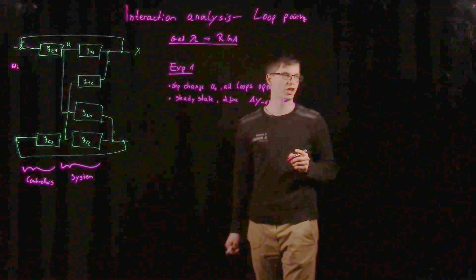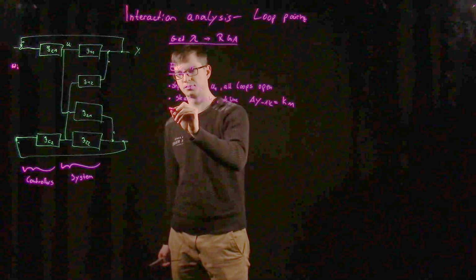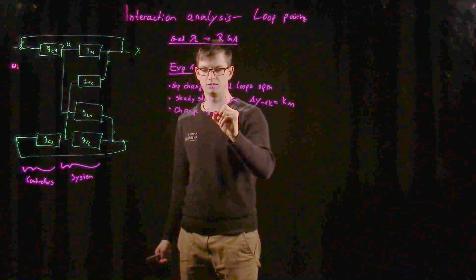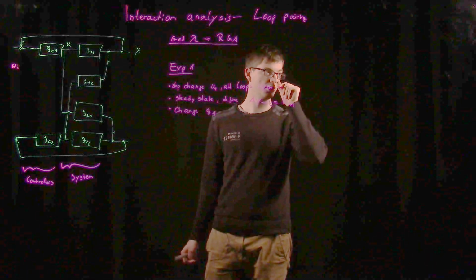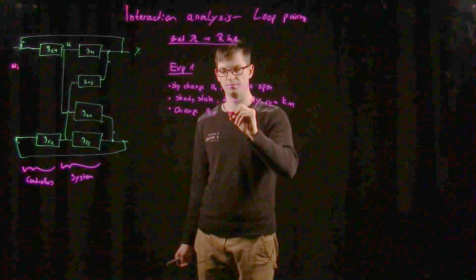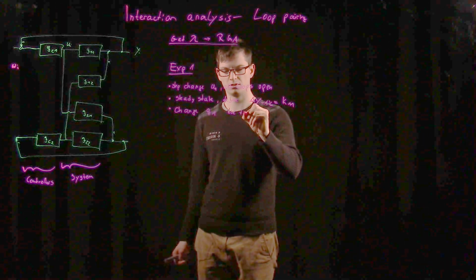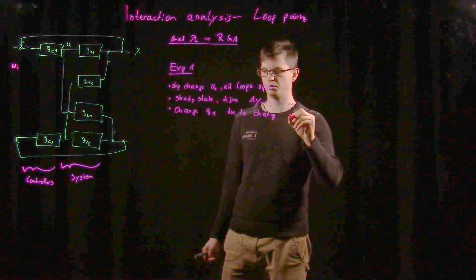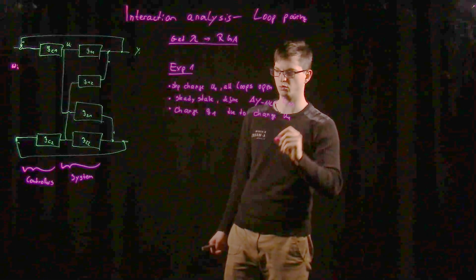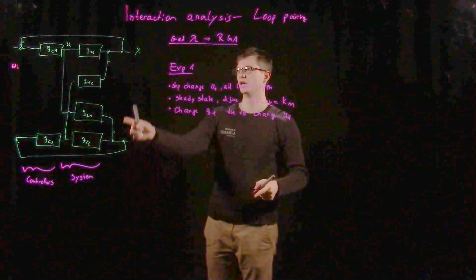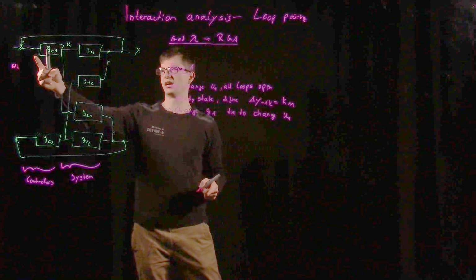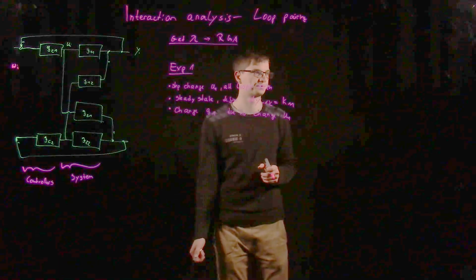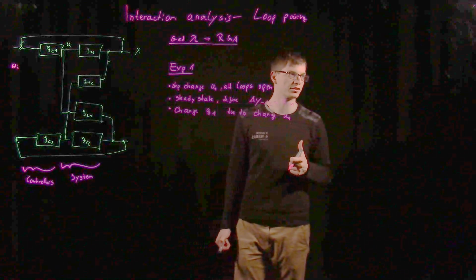And the change in Y1 is due to the change in U1. That's what we want to say. So we open the loops, and then it is only dependent from the left side to the right side. Okay, that's the first thing we know.